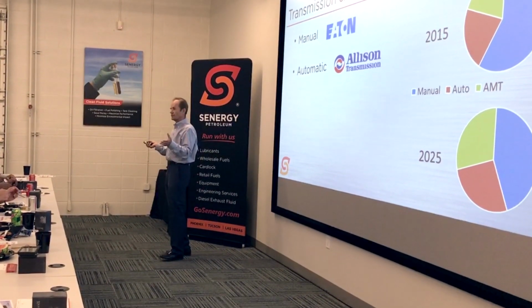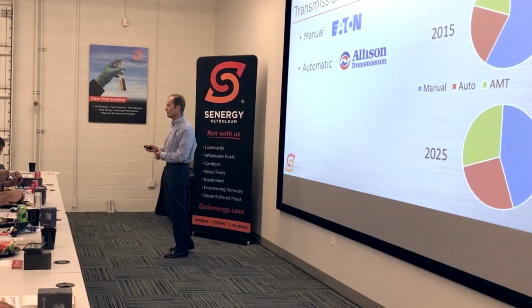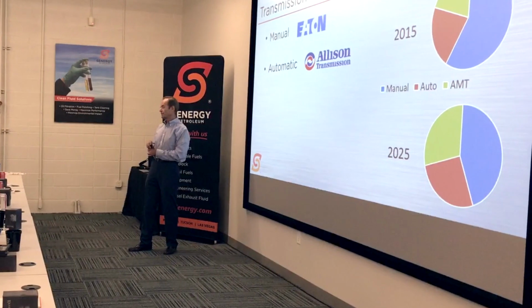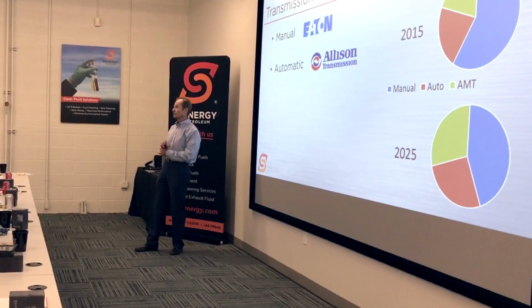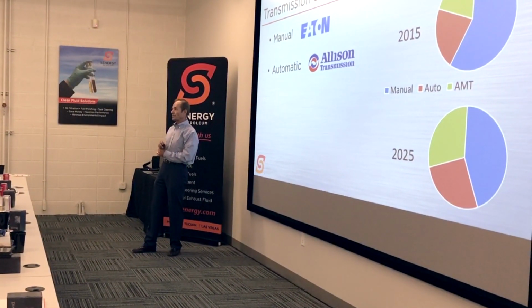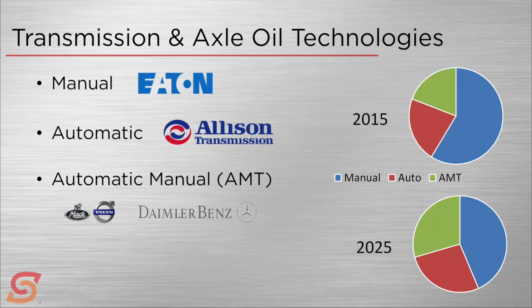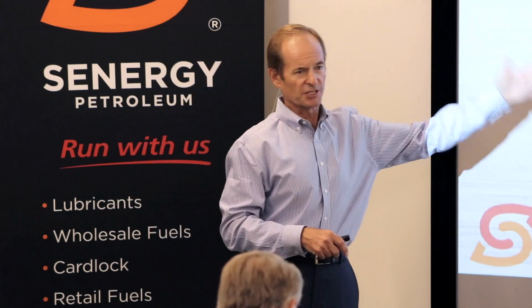Very commonly used in commercial buses, for instance. Some other smaller and mid-size, Class 6 type applications. A lot of growth in the automatic transmissions. And then these automatic manual transmissions, or sometimes called automated manual transmissions, or AMTs. And this is where the real innovation is.